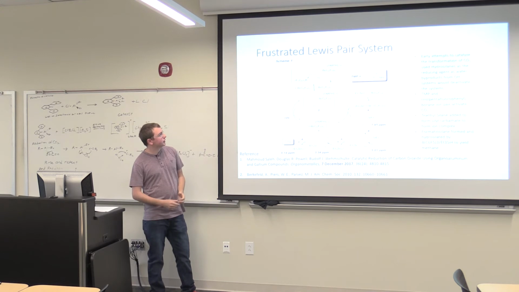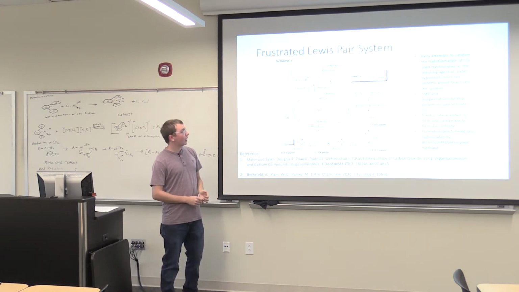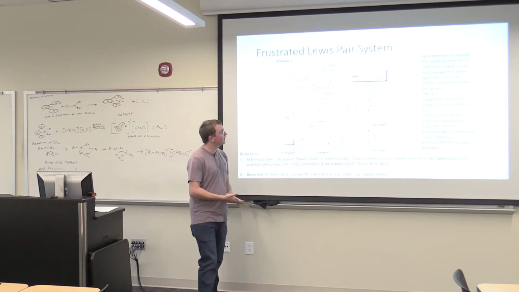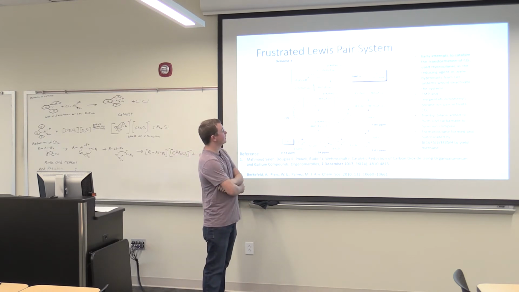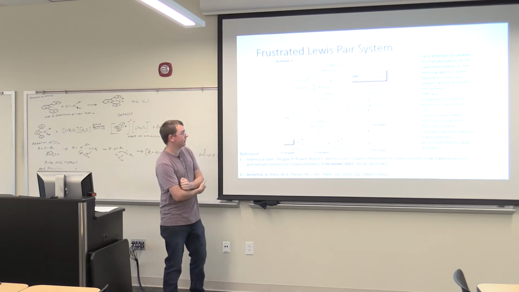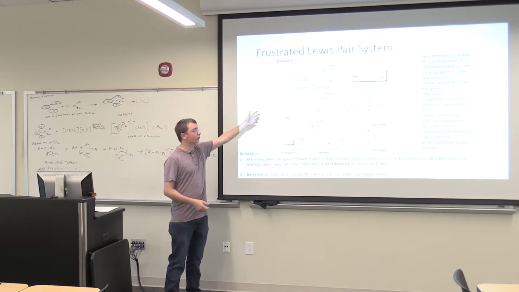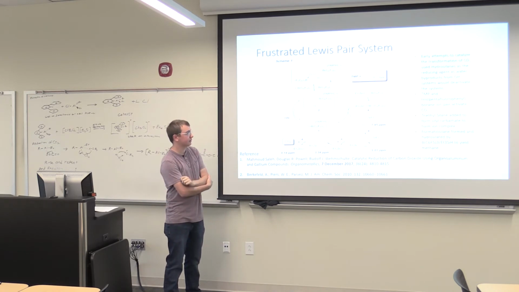So that was based off of this previous work here where they called this the frustrated Lewis pair system. I wonder why. This was one of the earlier attempts to transform the CO2 using the hydrosilane as the reducing agent. They would sometimes end up deactivating the systems with water because they had alcohol groups and some other things.